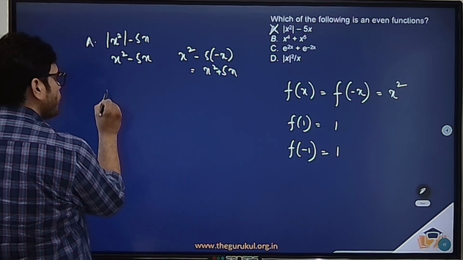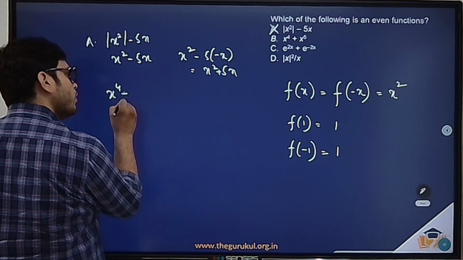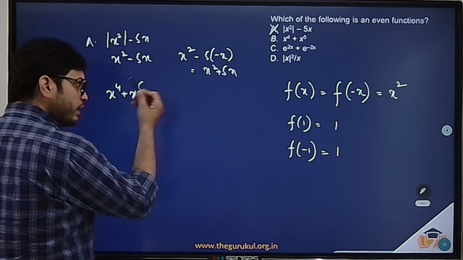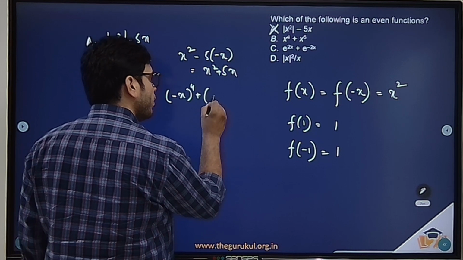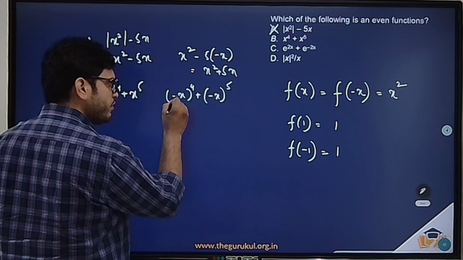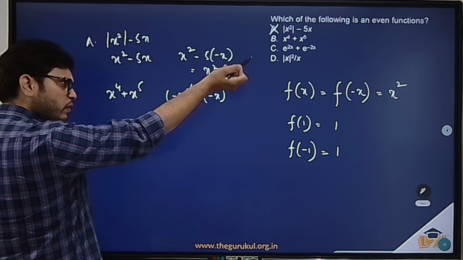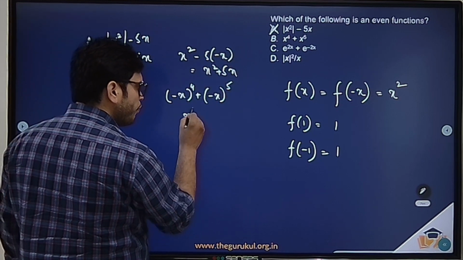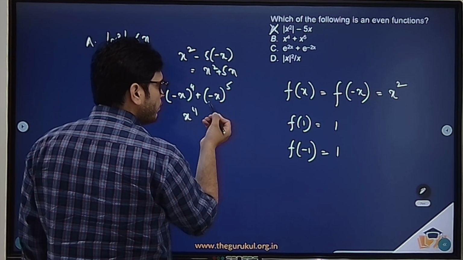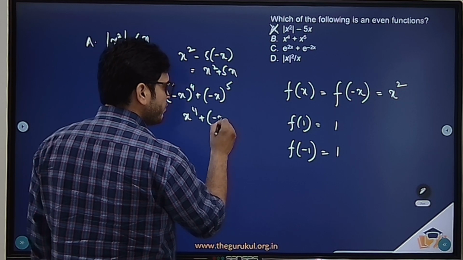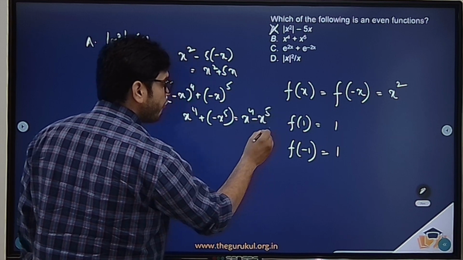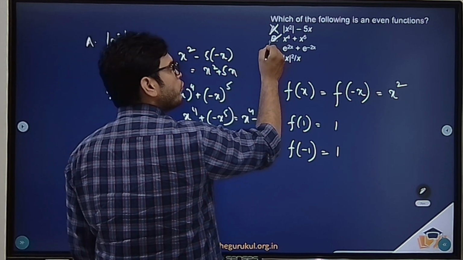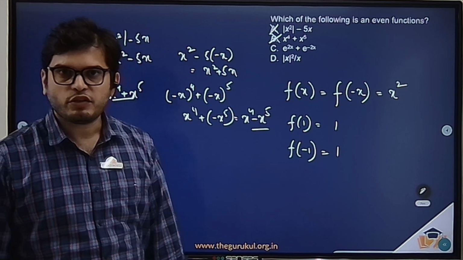If x is positive, then you have x power 4 plus x power 5. When x is negative, you have minus x power 4 plus minus x power 5. Any negative number to the even power will be positive, so this would be x power 4 and this would be minus x power 5. Now these two are not equal. So this is not an even function.